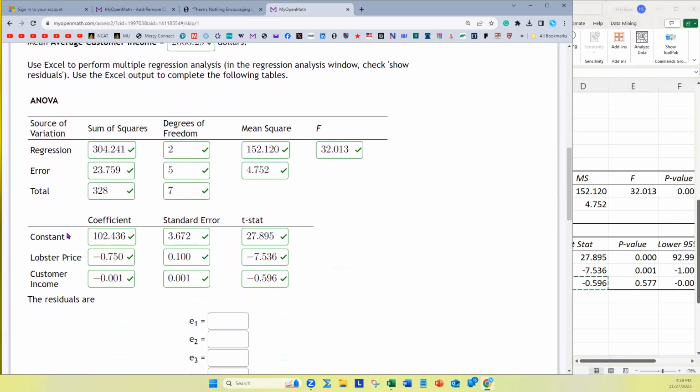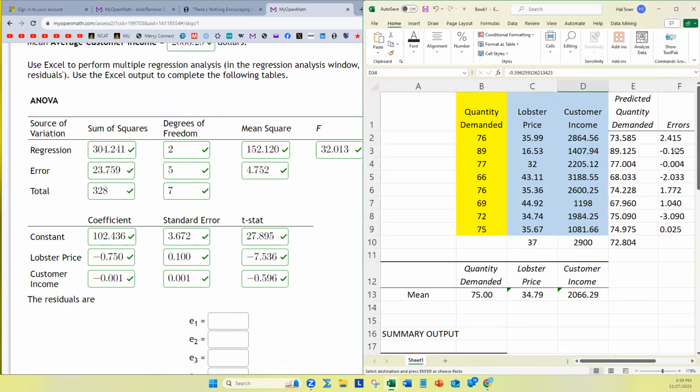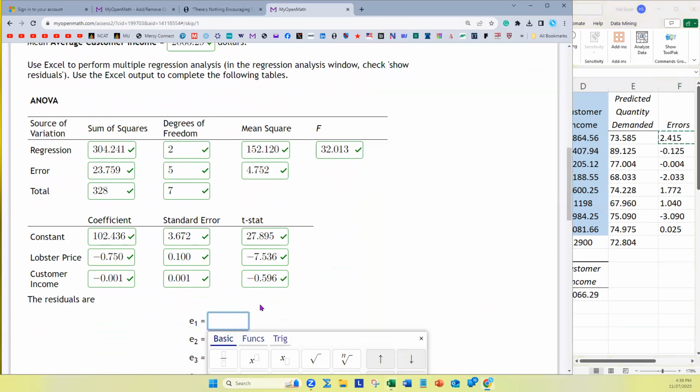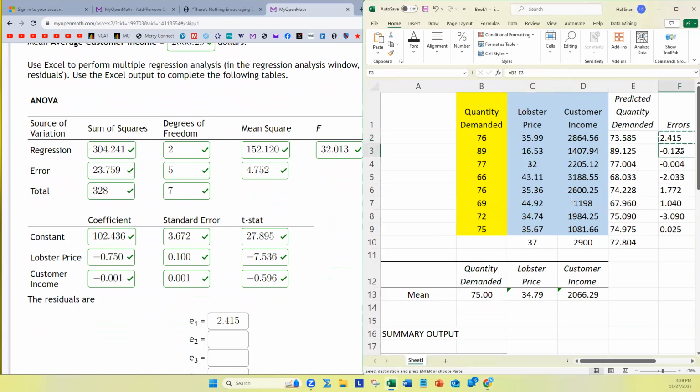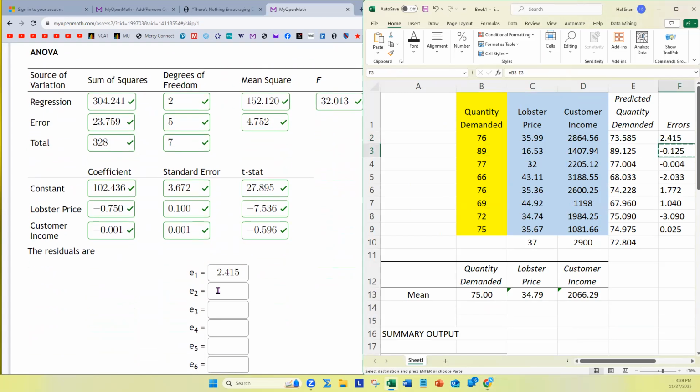Okay. And again, this is our model right here. The constant, the lobster price slope, and the customer income slope. That's our constant. Our errors are the difference in what we observe and what we predict. Our model.